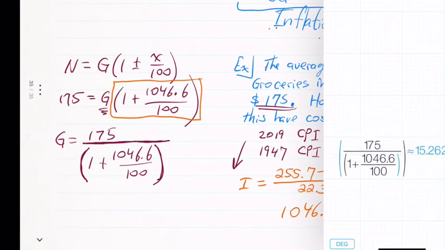So, funny, the grandma number here would have cost $15.26. So $175 in groceries today corresponds to someone spending about $15 in 1947. So it's amazing what inflation will do to money.